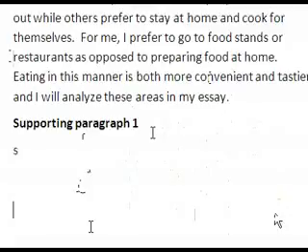Okay, now we write the sentences together. So, talking about the convenience of going to a restaurant. Perhaps first a linking word could be like firstly. Firstly, of course I need to indent.